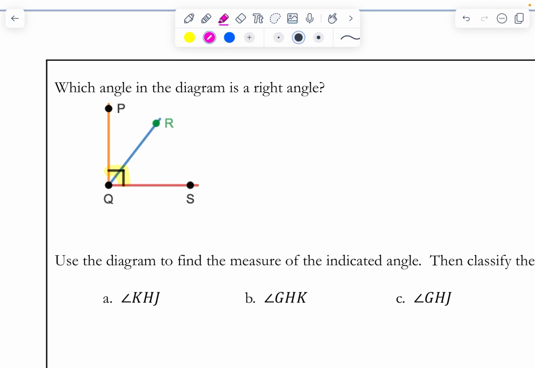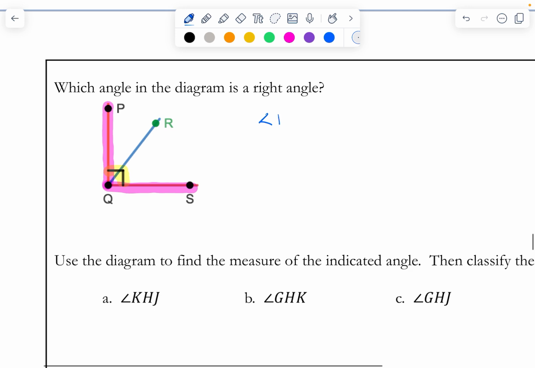So the angle that has the box on it is PQS, where Q is our vertex, and QP and QS would be the sides of our angle. So we're going to say that angle PQS is our right angle.